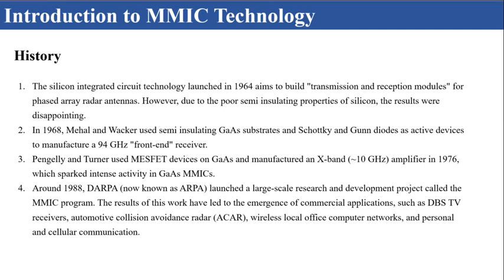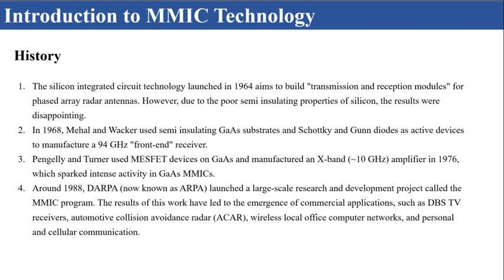Therefore, in 1968, someone used semi-insulating gallium arsenide substrates, and two other people used them as active devices to manufacture a 94 GHz front-end receiver.